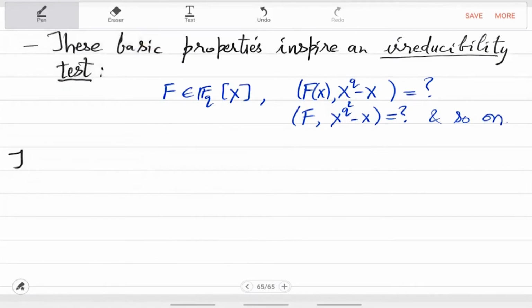Now why should such a thing work is this theorem.